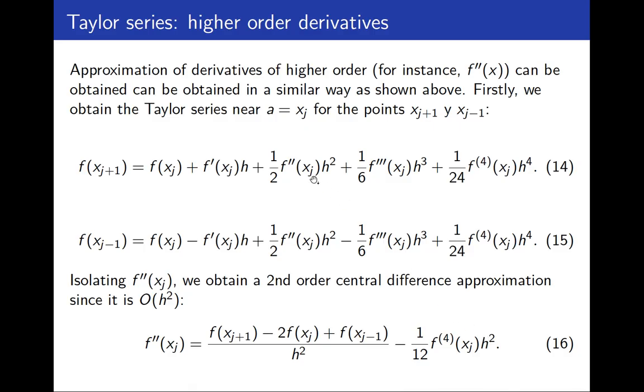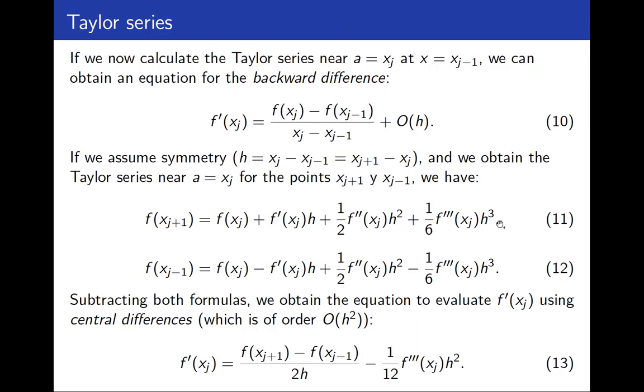So what happens if we want to estimate approximations of derivatives of higher order, for instance, the second derivative of f? We can also obtain equations, the finite difference schemes, for these higher order derivatives in a similar way as shown here.